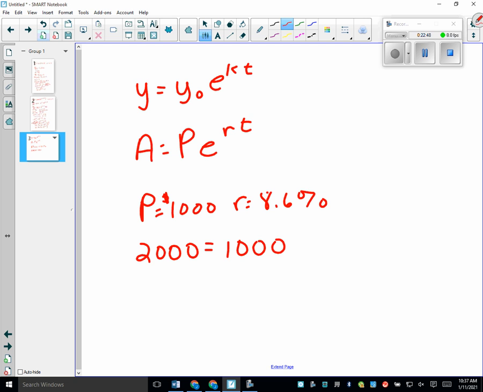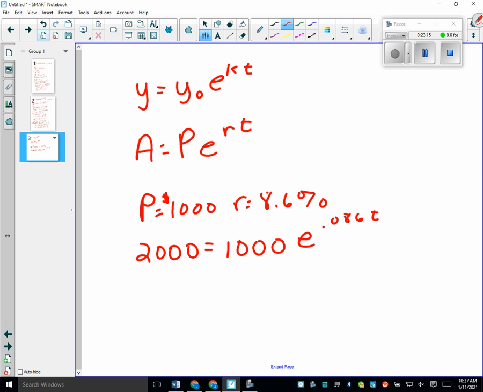If I start with 1,000, E to the 0.086 T. I want to find how long. I want to find time. You're telling me I get 8.6% of 1,000 every single second? No, because the 8.6 is for a year.